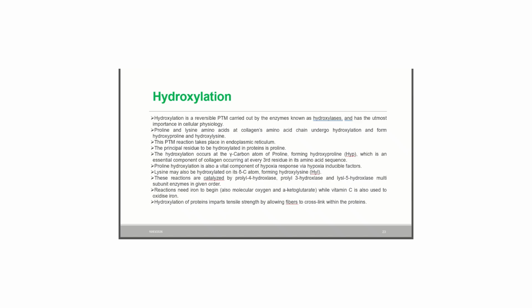These reactions need iron to begin, also molecular oxygen and other enzymes, while vitamin C is also used to reduce iron. So the presence of iron is important for the hydroxylation process. Hydroxylation of proteins provides tensile strength by allowing fibers to cross-link with the proteins.